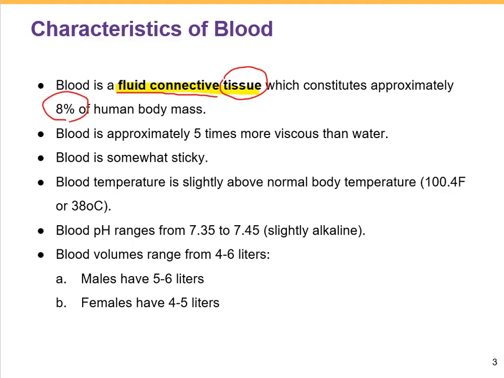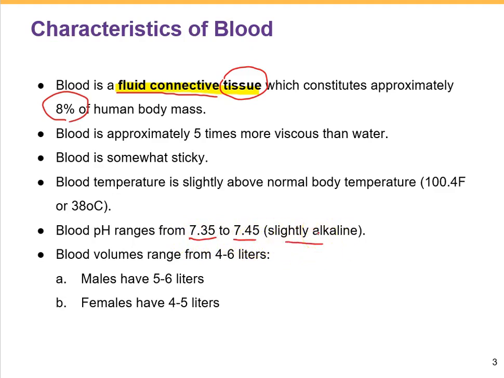Blood temperature is actually a little bit above the body temperature, around 100.4 degrees Fahrenheit or 38 degrees Celsius. The pH of blood is important. It's slightly alkaline, between 7.35 and 7.45.